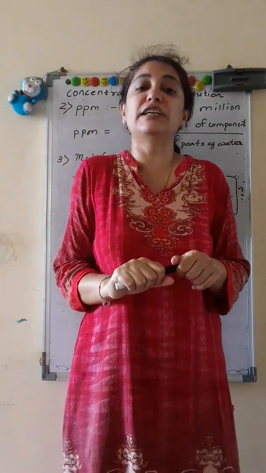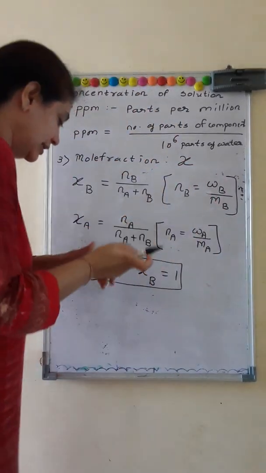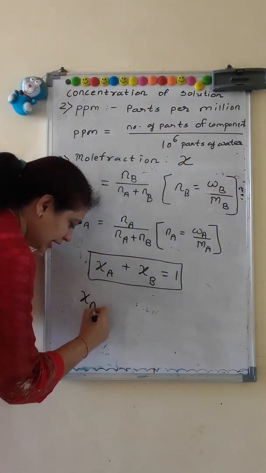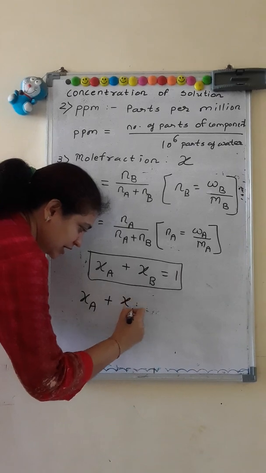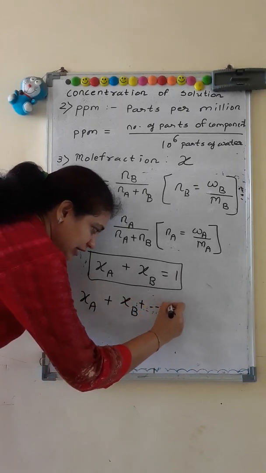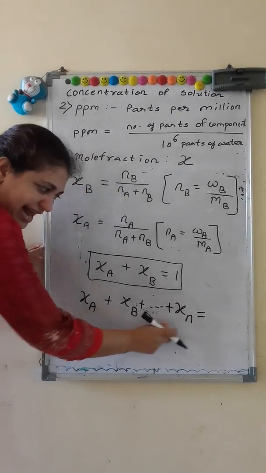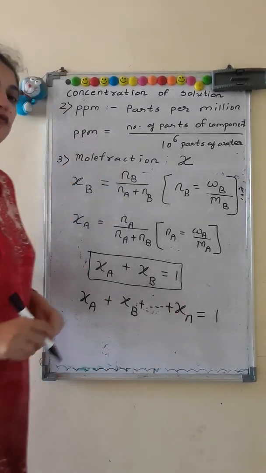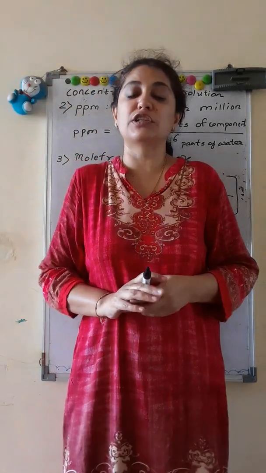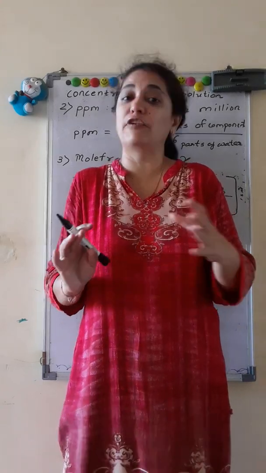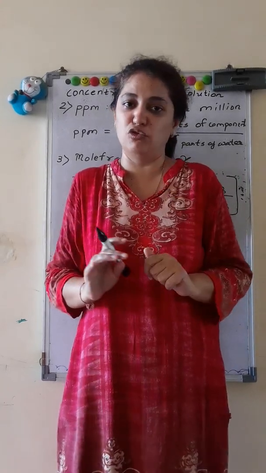If your solution contains many components, then chi A plus chi B plus till chi n components, whole addition will be equal to 1. So whatever is total number of component, if you add mole fraction of all of them, answer is equal to 1.